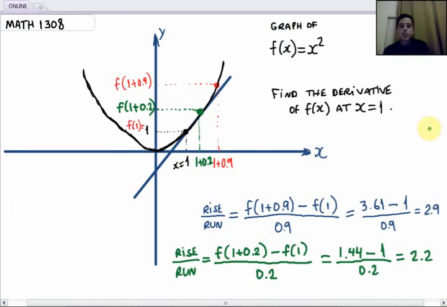So that's the new slope, not for the point, but for that secant line, if I draw the line from here to here. But that's not what we want. We want closer and closer to this first point. So you can see what we're doing here.